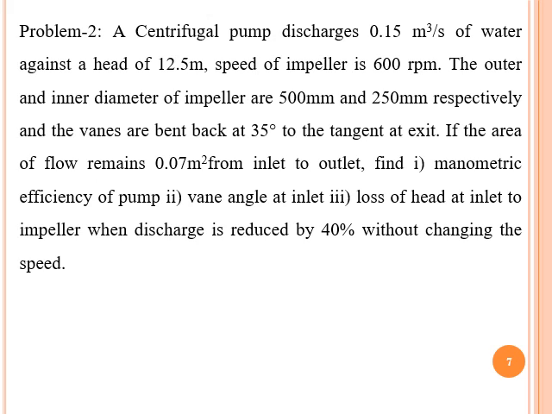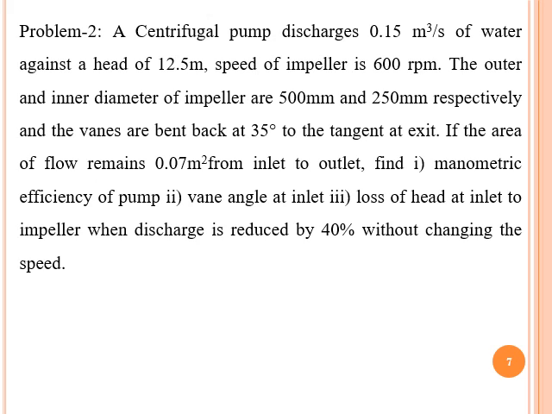A centrifugal pump discharges 0.15 meter cube per second of water against a head of 12.5 meter. Speed of the impeller is 600 rpm. The outer and inner diameters of the impeller are 500 mm and 250 mm respectively, and the vanes are bent back at 35 degree to the tangent at exit.